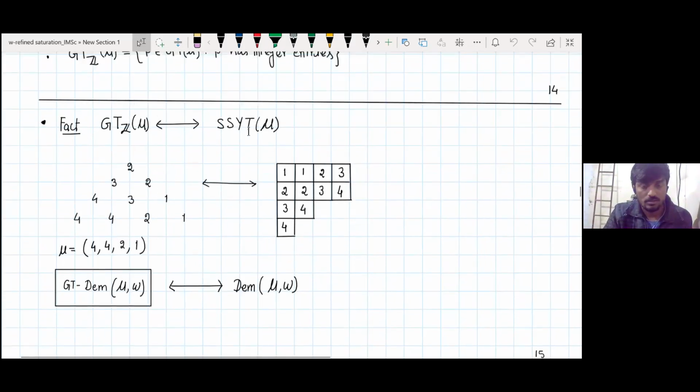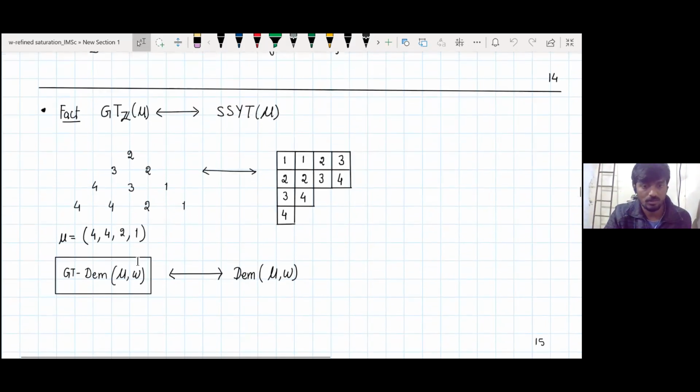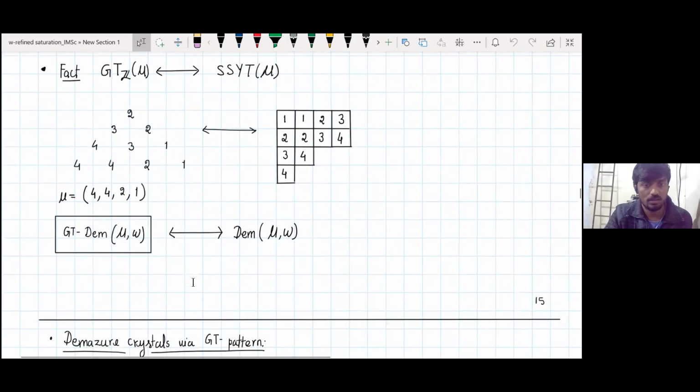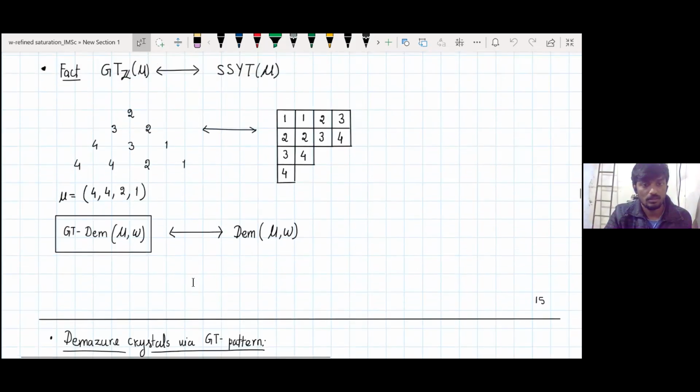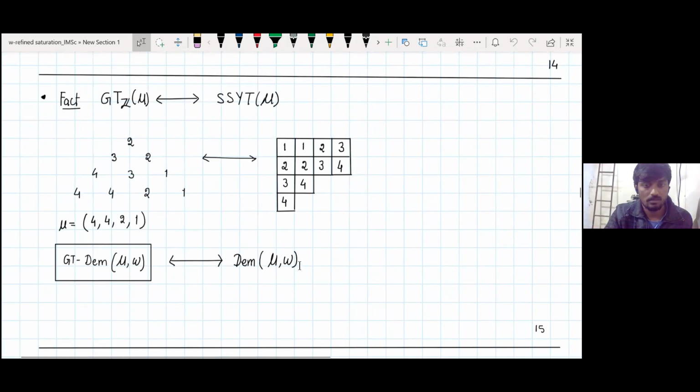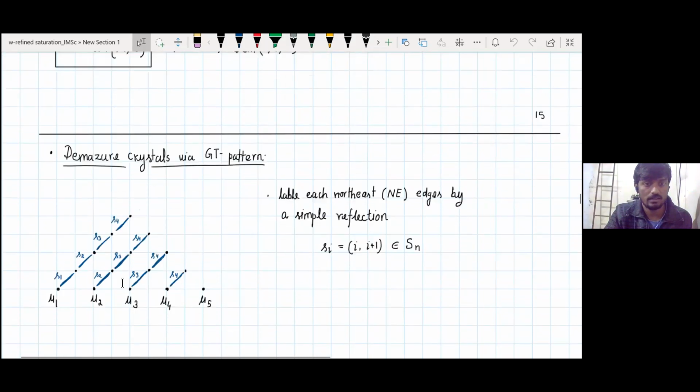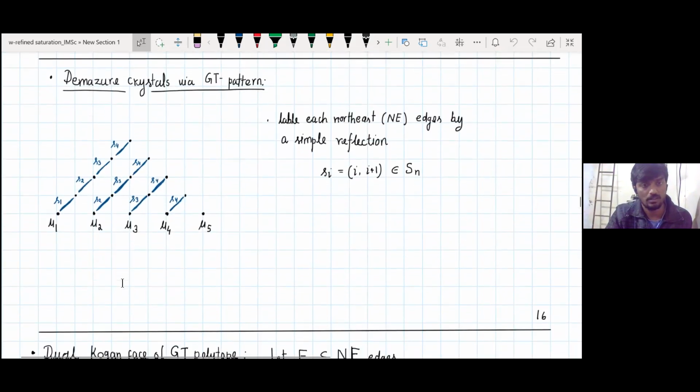In the semi-standard Young tableaux, I have given a subset that I denoted by Dem(mu, w). That is the Demazure tableaux. Corresponding to the Demazure tableaux, I take GT patterns that I am calling GT Demazure of (mu, w). Both are also in bijection. This is the Demazure tableau coming from the semi-standard Young tableau, but there is a way to do it directly in the GT pattern only.